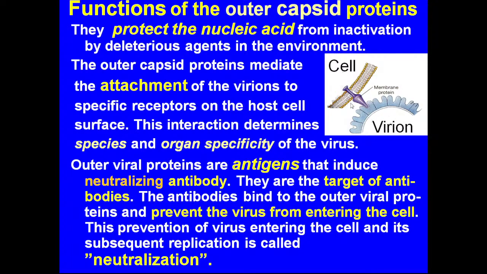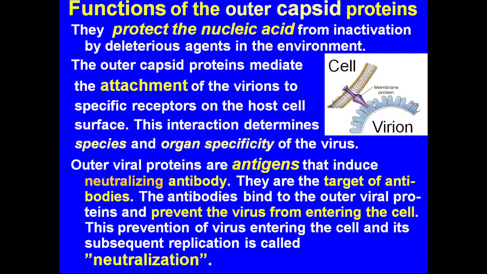The virion should specifically bind with the cell receptor. That determines the organ specificity and species specificity of the virus, because the capsid of the naked virus should match with the membrane protein on the surface of the particular cells.